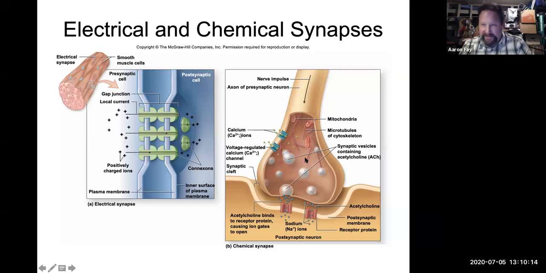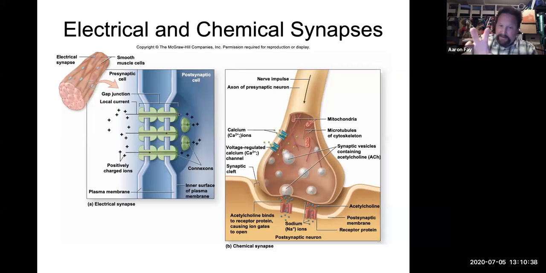Here in the chemical synapse, you have the action potential traveling down. It needs to be converted into a chemical signal, the neurotransmitter, which then spans the gap because the cells are not directly connected with each other, and binds a receptor, which then generates a second action potential on the second cell, the postsynaptic cell. So make sure you understand the differences.